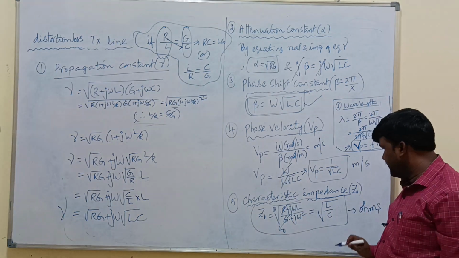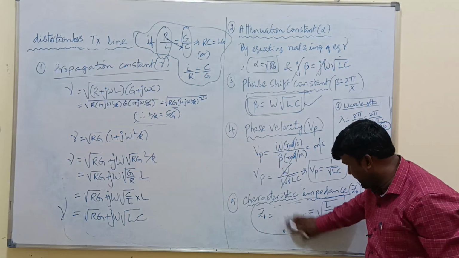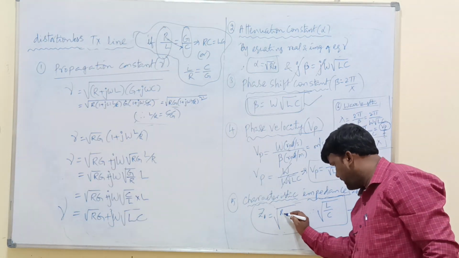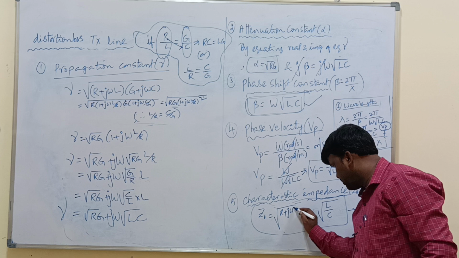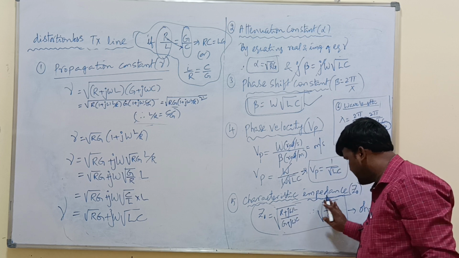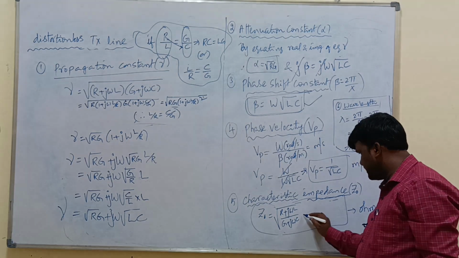Characteristic impedance. Here instead of taking R and G as 0, we can take R and G as common, R plus j omega L divided by G plus j omega C. Now let us take root R and root G as common.